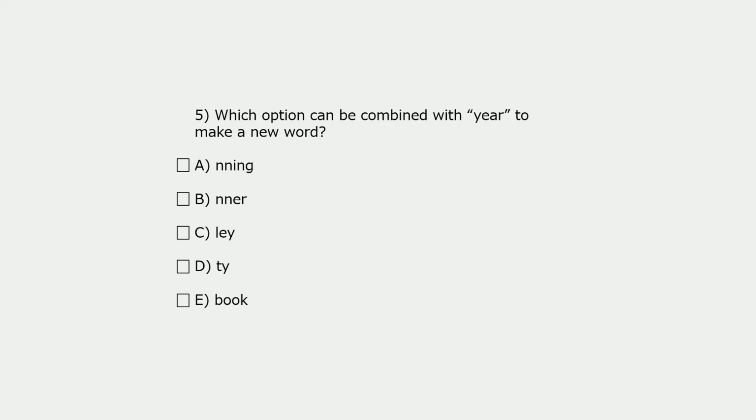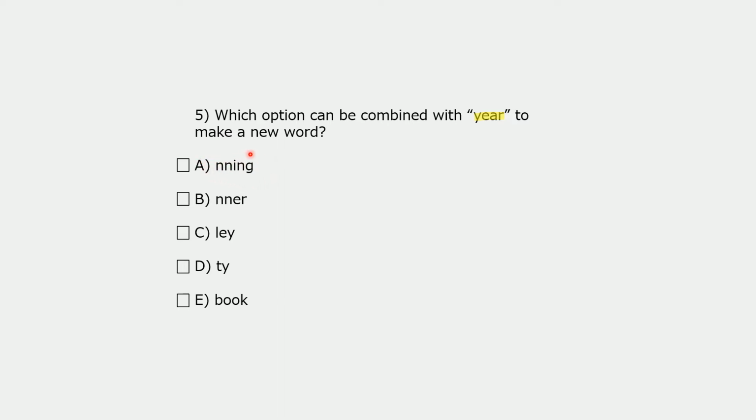The word year. Let us highlight it to make sure that we can concentrate on that word only. Now, the word year, what can we add to it to make it into a new word? So, that looks like yearning.